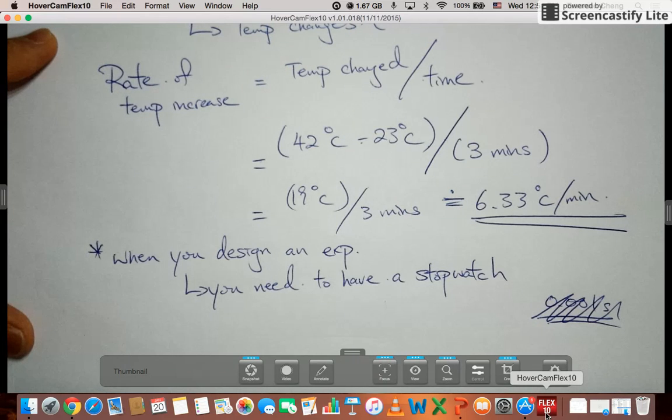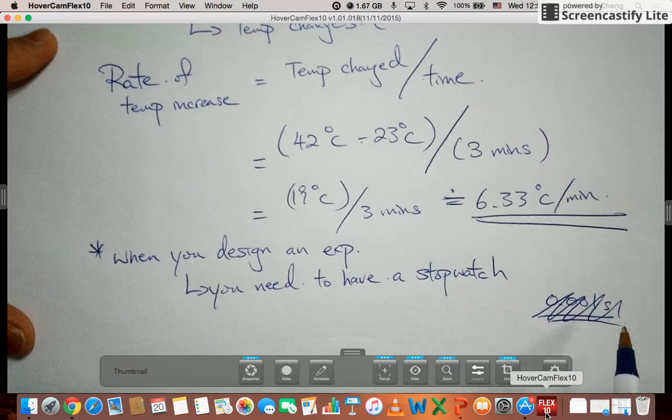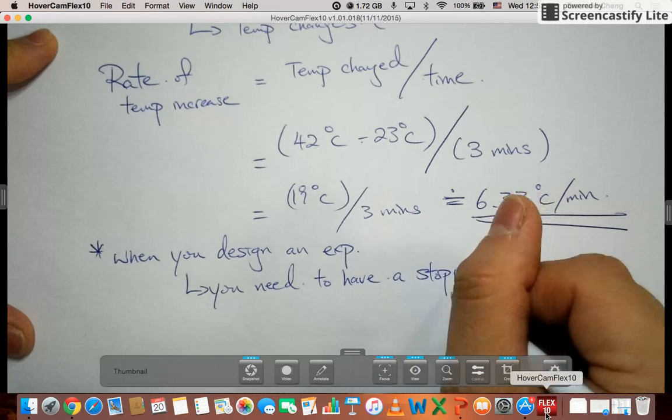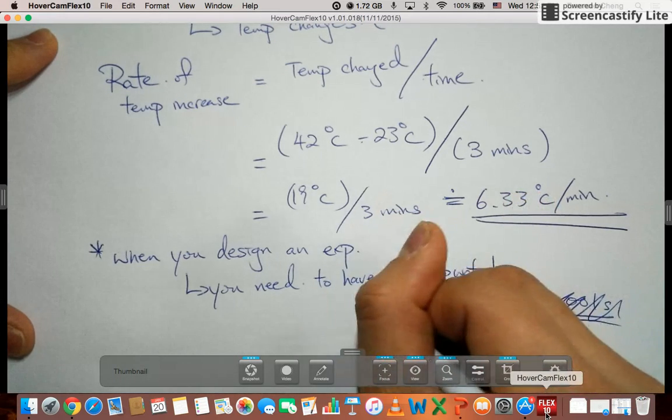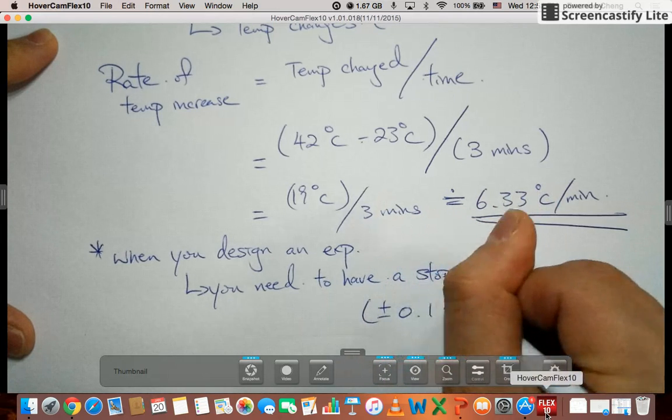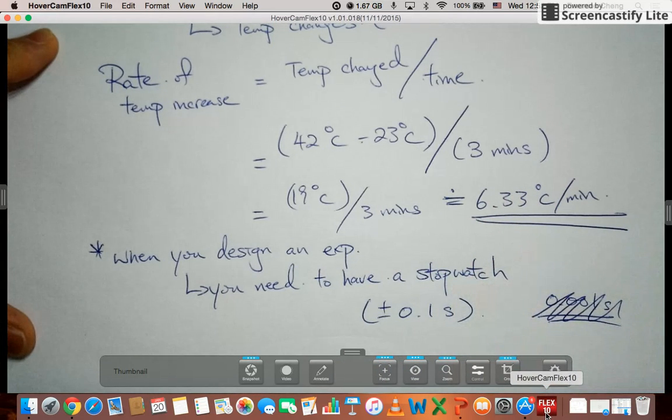So it doesn't matter how good the stopwatch is. Human reaction time is no better than 0.1 seconds. So in this case it is always 0.1 second, because if your experiment relies on you pressing the button to stop the reaction, it is plus or minus 0.1. Questions?